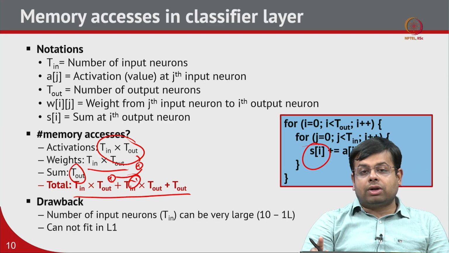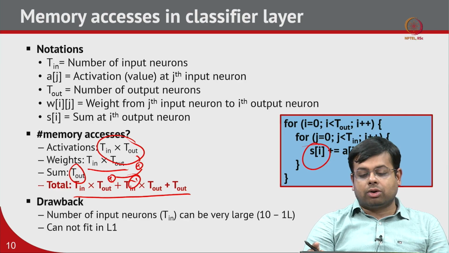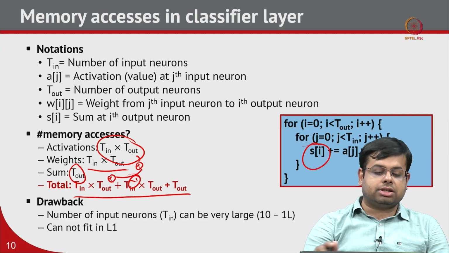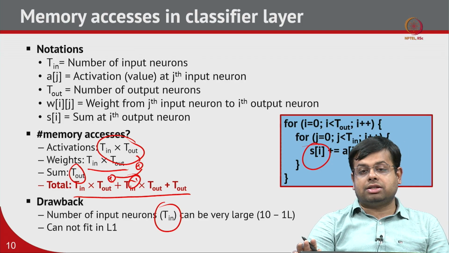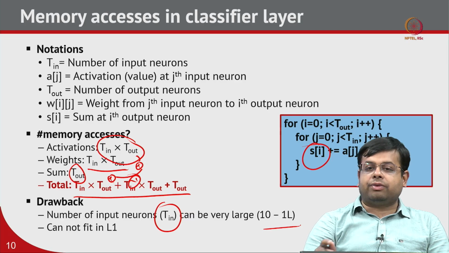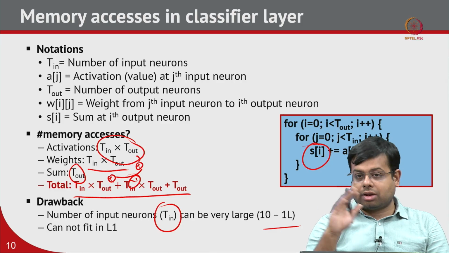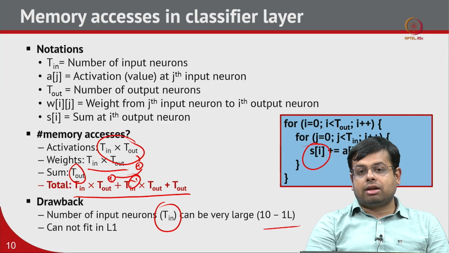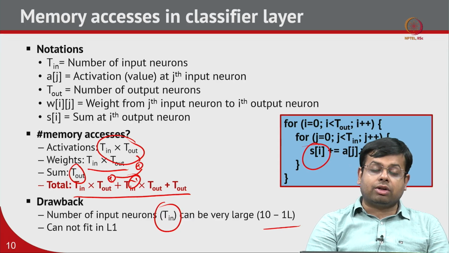Now, what is the drawback? The major drawback is that the number of input neurons can be very large. This T_in in the classifier layer can be very large, up to 1 lakh. If you look at state-of-the-art DNNs like ResNet or DenseNet, you will see that there are multi-layer perceptrons at the end of the DNN, and the number of input neurons is very large.